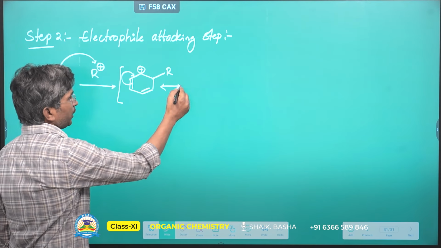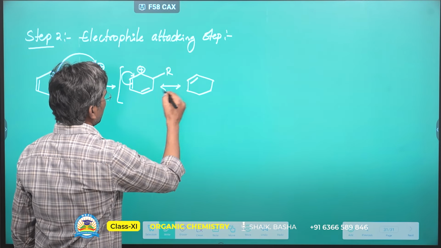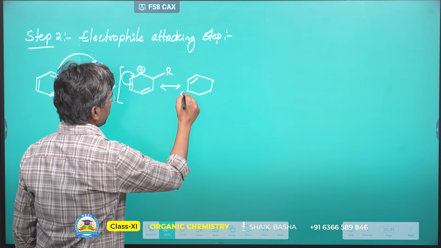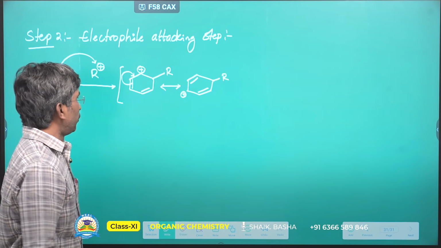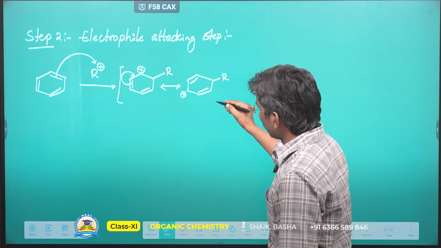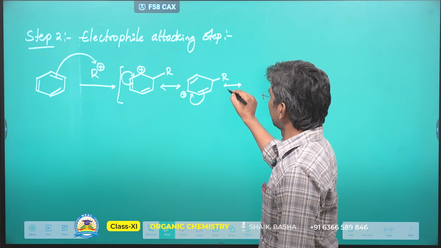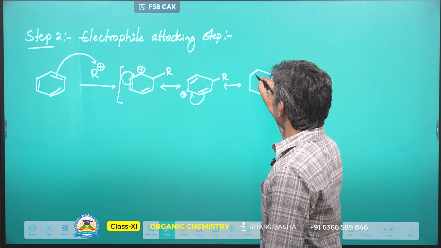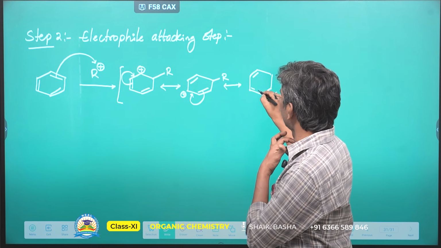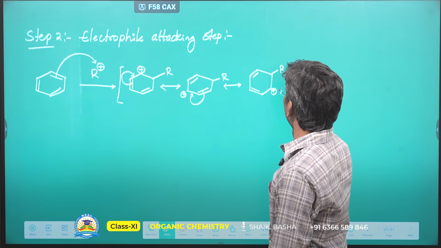The double bond shifts, this carbon gets the positive charge, with the double bonds and R. Again, the carbon adjacent to the double bond has a positive charge, so one more resonance structure is possible. The double bond shifts, the positive charge moves, here with the R group.